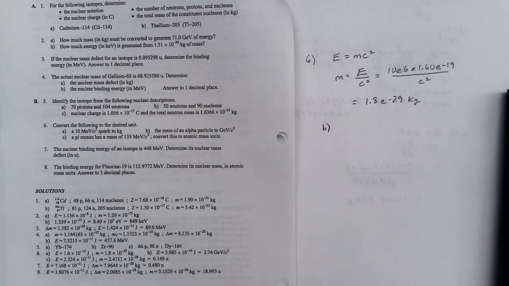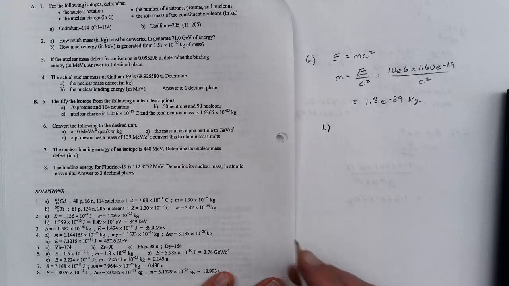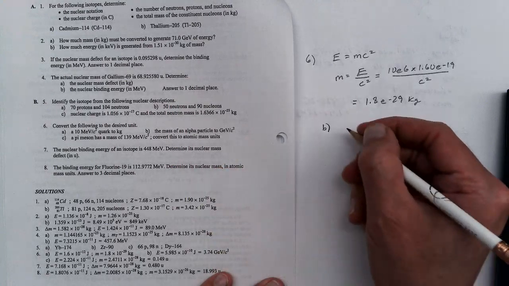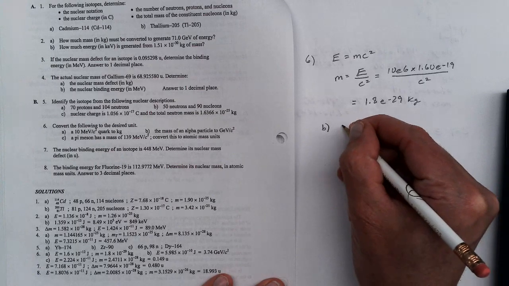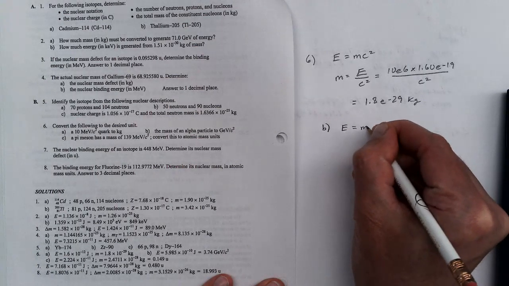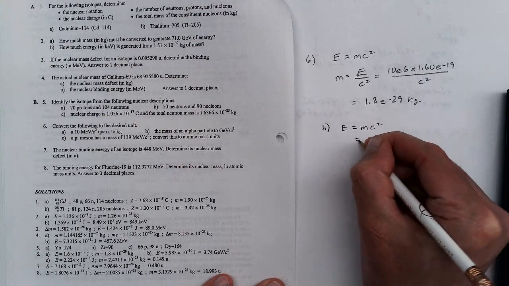Take a look at part B. Looking at the mass of an alpha particle, 2 gigaelectron volts over c squared. So we know the mass of an alpha particle from our data sheet, and so let's calculate the energy of it. Mass energy equivalence.